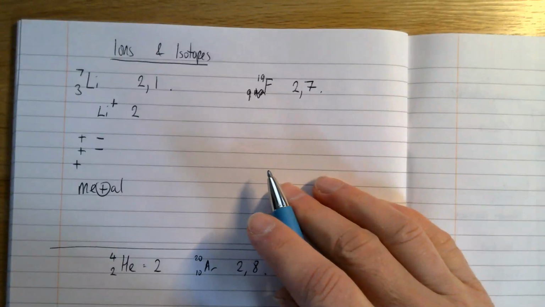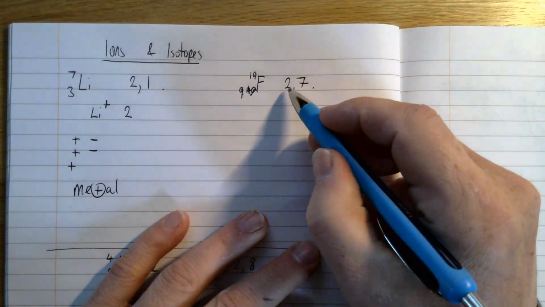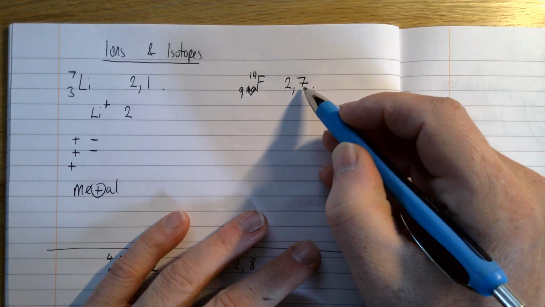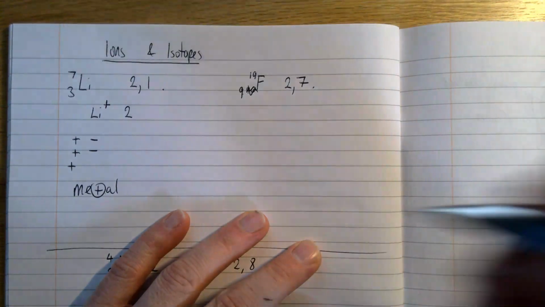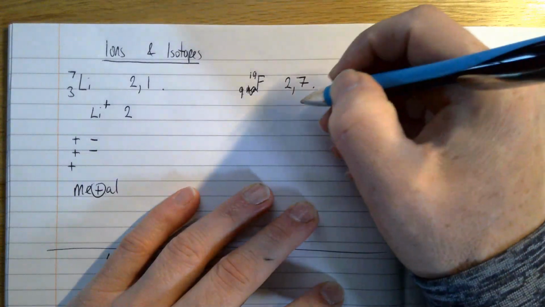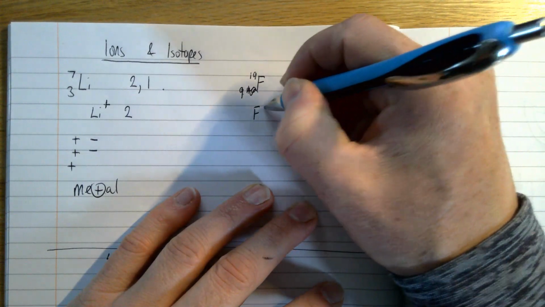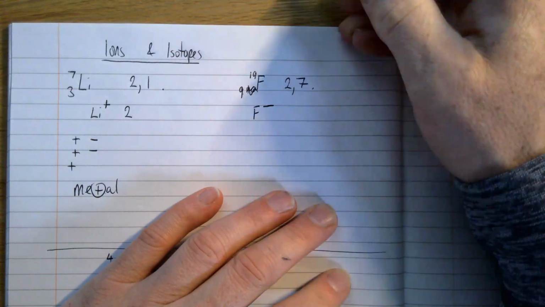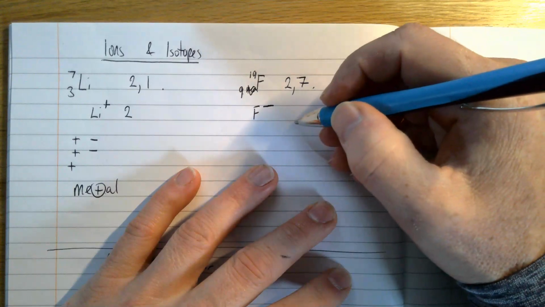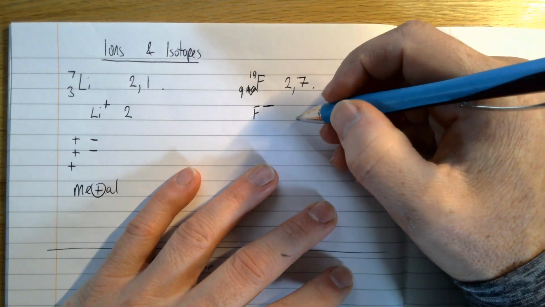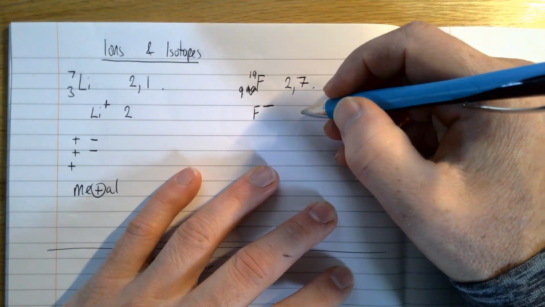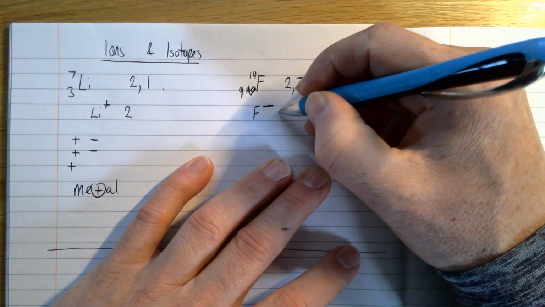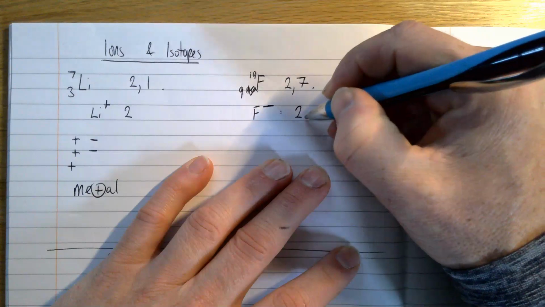Now, a fluorine atom will form an ion. It could in theory lose 7 electrons. That requires a lot of energy, and it's much easier for it to simply gain 1 electron, so it forms a fluoride ion. Now when non-metals change to ions, they always change their name to ide. Fluoride, oxide, phosphide, nitride, sulfide, bromide, all of them change their name to ide. So this would become 2, 8.